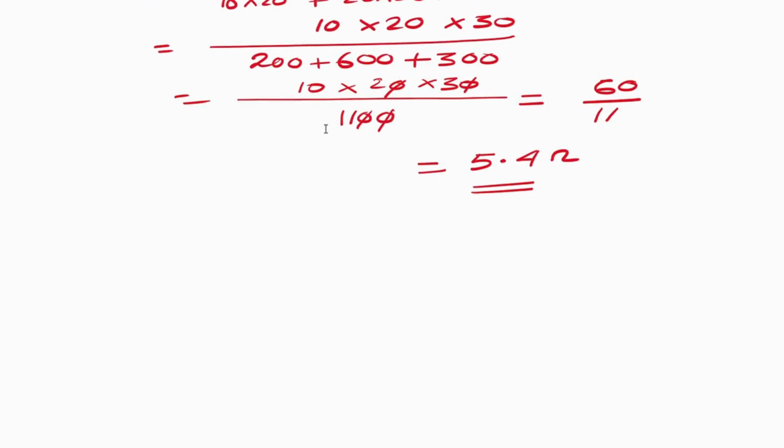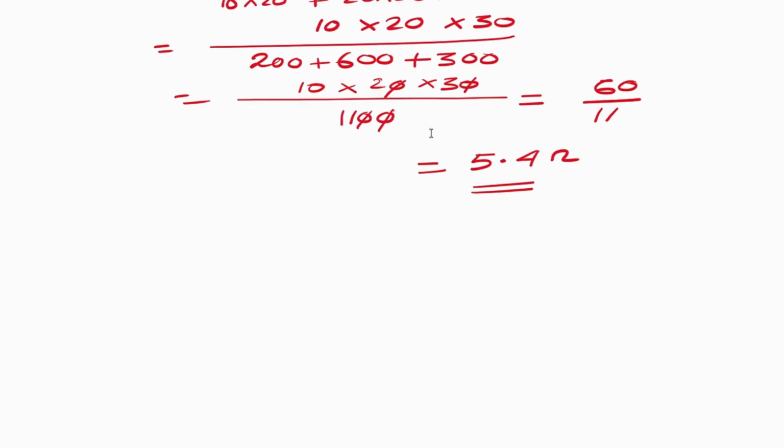So what is the value? 10 into 20 into 30 divided by 800 plus 300, 1100. So cut these two values.